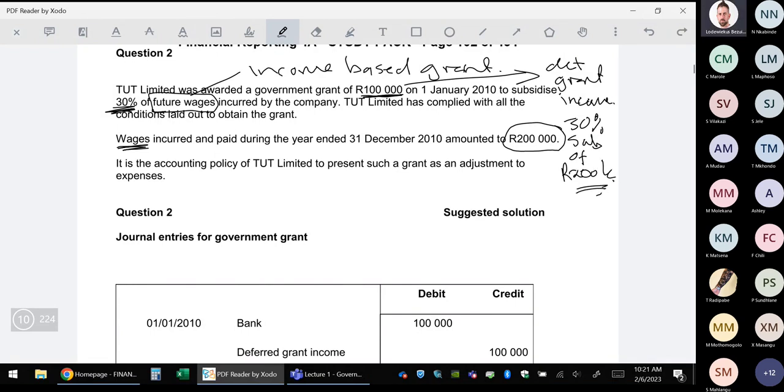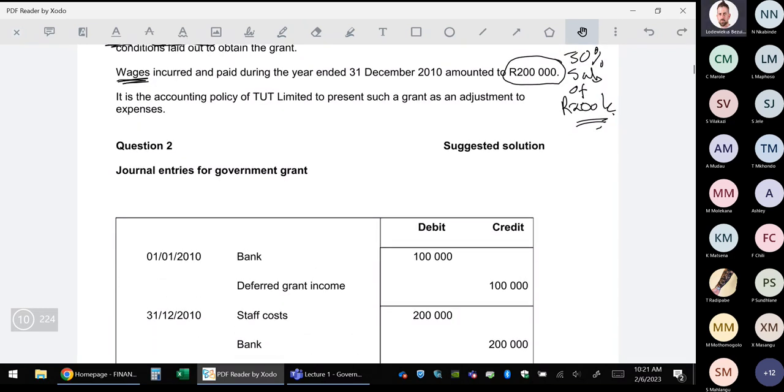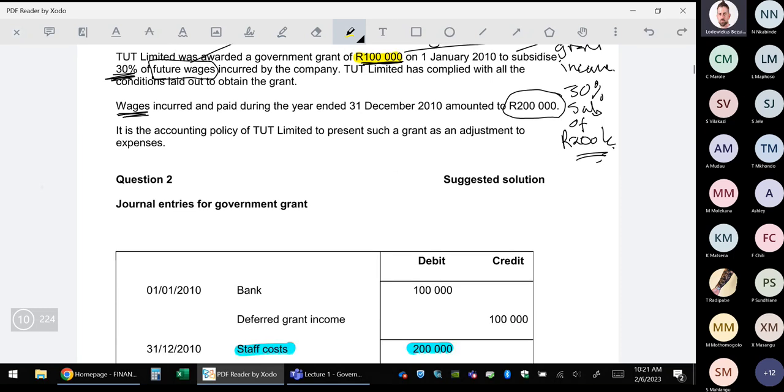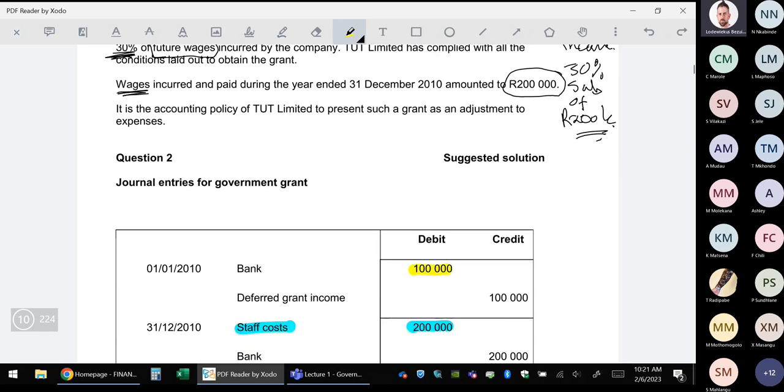All right. So in the current year, we can say our salaries is 200,000 and we received a grant of 100,000. So bank is more, deferred grant income is credited. Remember, deferred grant income always refers to the balance sheet. Now we have to say how much of the grant can we recognize in the current year.